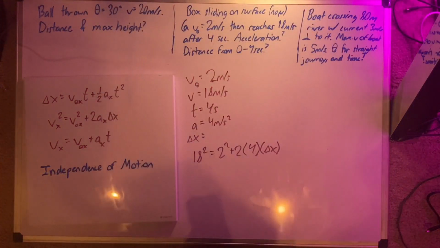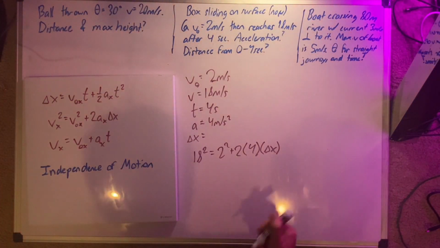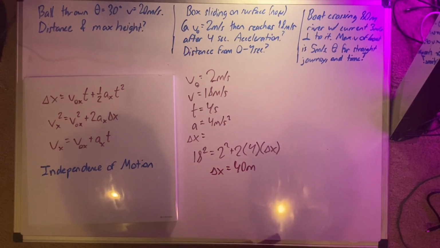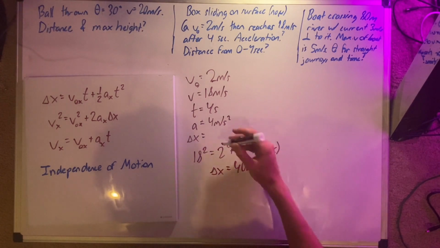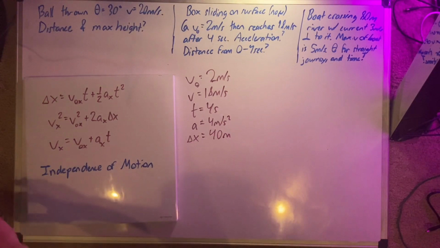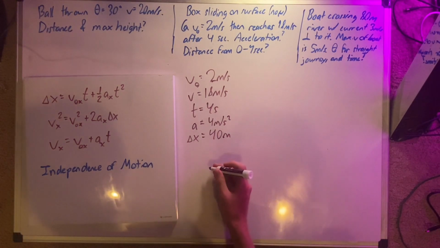So that means our distance in the x is equal to 40 meters over the time frame 0 to 4 seconds. So 40 meters. And then we can actually verify this using that other equation. That's the good thing about having two equations to choose from, is that we can then verify it.